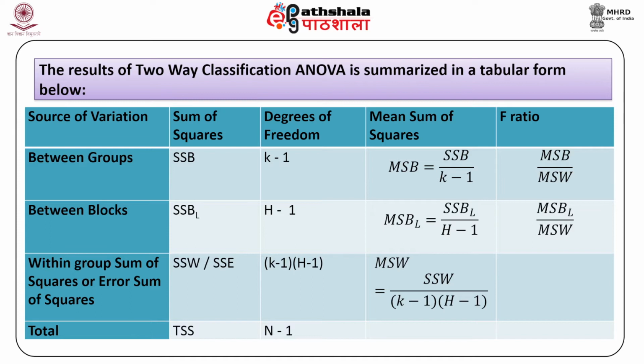What are the F ratios? The first F ratio, between the groups, is MSB upon MSW, and the second F ratio, between blocks, is MSBL upon MSW. Note that we can calculate two F values by using the mean sum of the squares between groups and the mean sum of the squares between blocks.